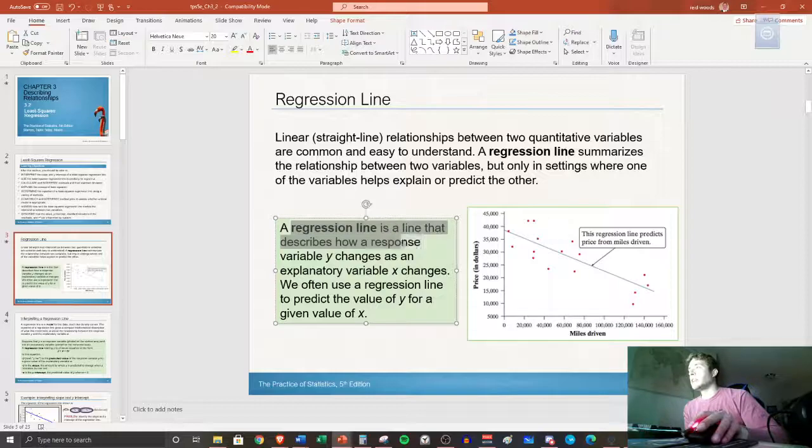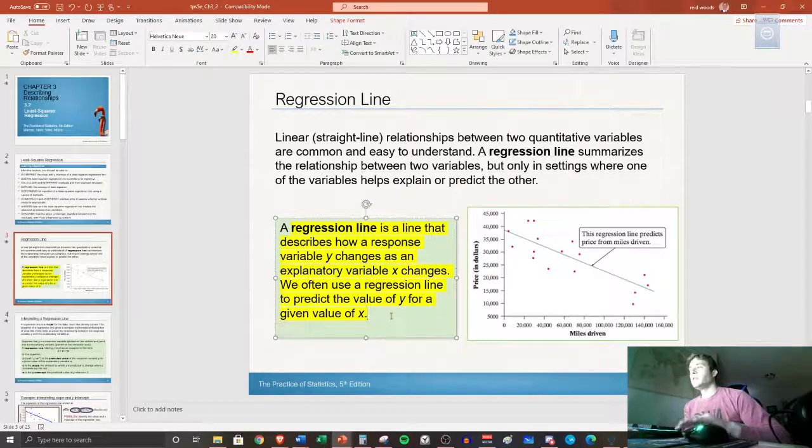A linear regression line is a line that describes how a response variable y changes as the explanatory variable x changes. We're actually going to write this entire definition here because we often use a regression line to predict the value of y for a given x. Okay, that's what we're going to do. So I'm going to pause and let you write that.